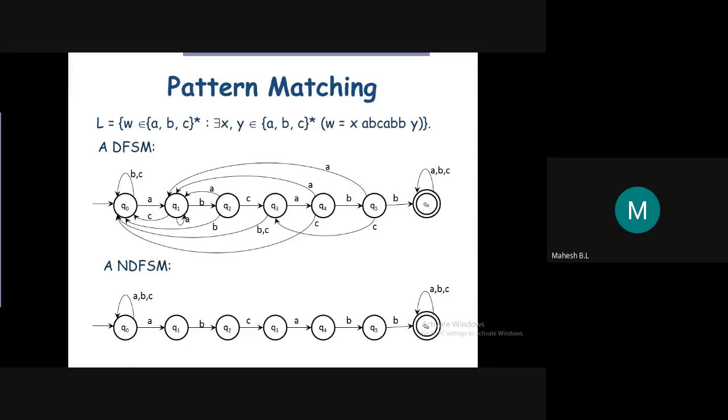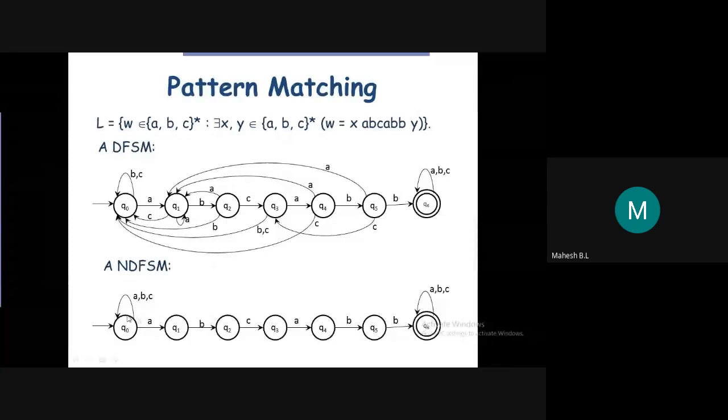Here we have the NDFSM. As you can see, from Q0 there are two competing moves for A. One is from Q0 to Q1, another is from Q0 to itself. This happens in an NDFSM: from one state on one symbol, you can have multiple moves.